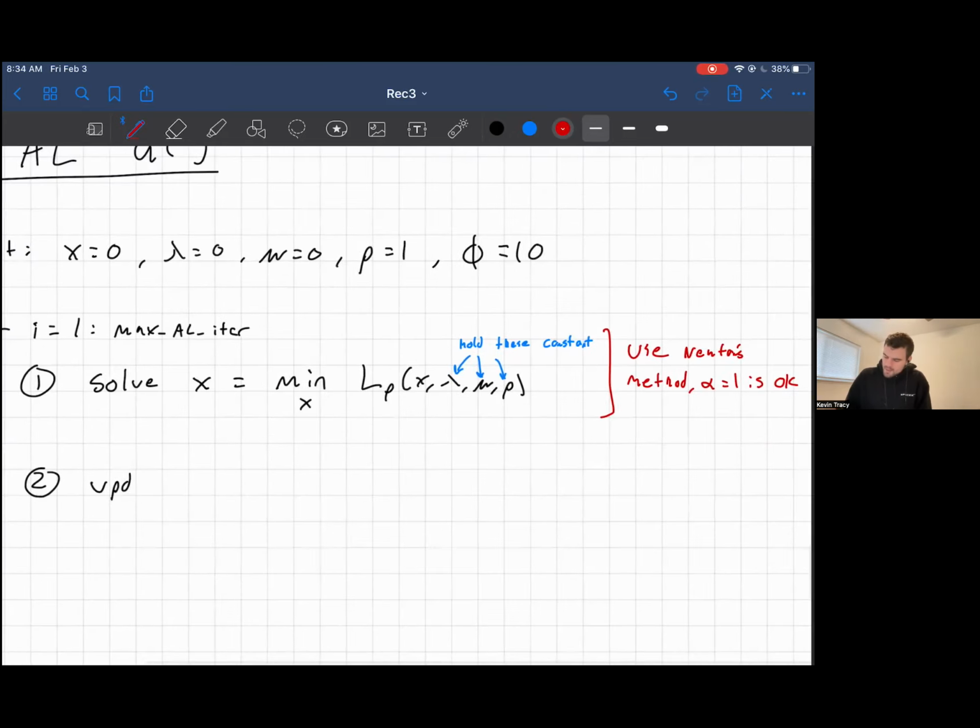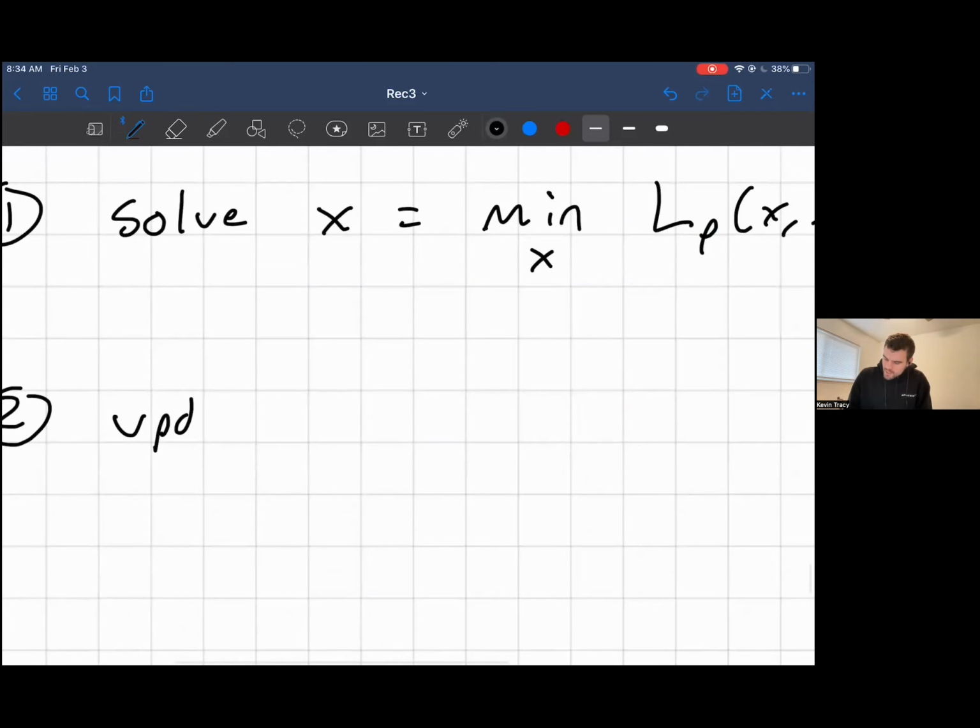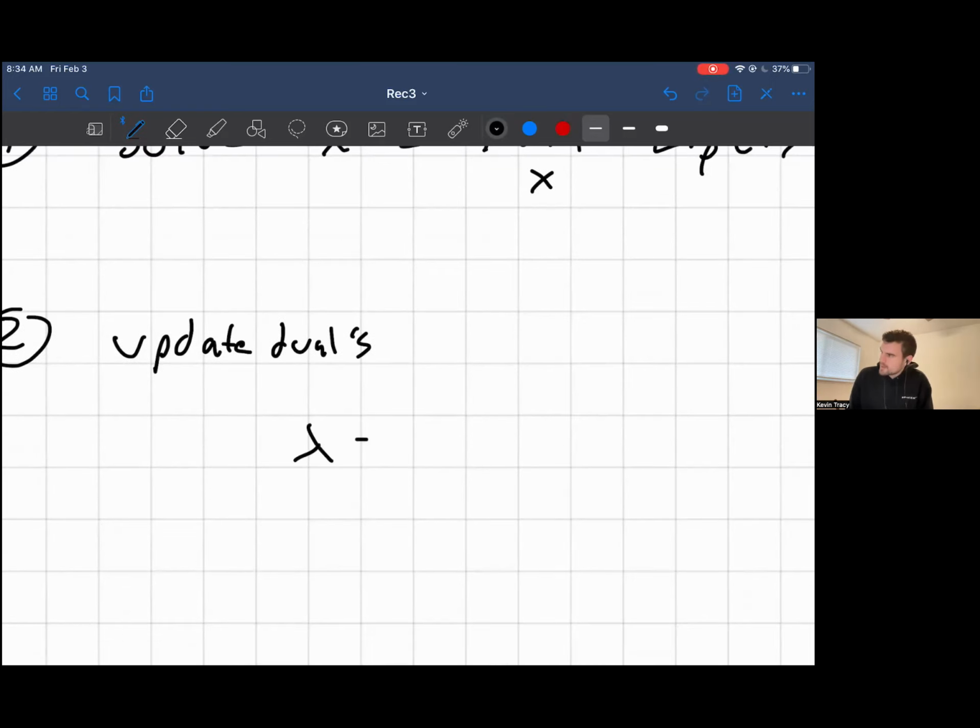Okay. And then the second thing we do is we're going to update the duals, and we're going to do so in the following way. Lambda equals lambda plus rho times Ax minus b.